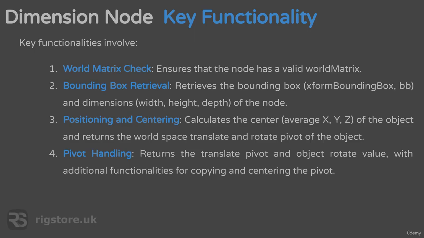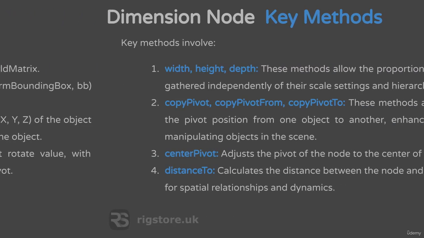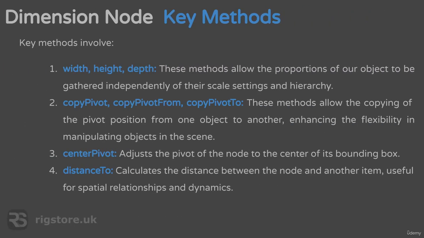Pivot handling: returning the translation or translate pivot and the object rotation value, with additional functionalities for copying and centering the pivot. So the key methods that we're going to be using essentially are width, height and depth, which I'm sure you will be using a lot. These methods allow the proportions of our object to be gathered independently of their scale settings and their hierarchy.